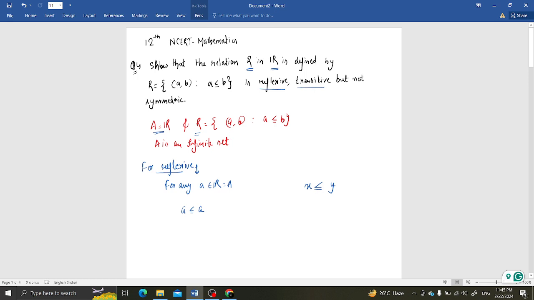If one of the conditions holds, then we can use this inequality. Here equality holds, that's why we are using this inequality.